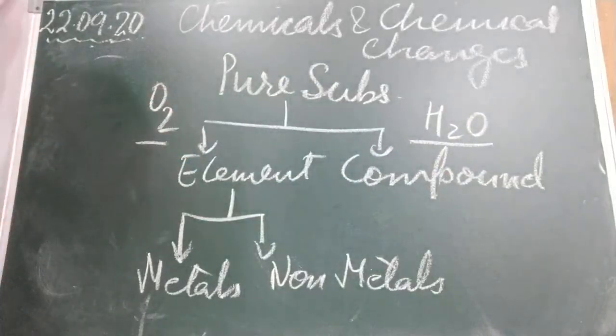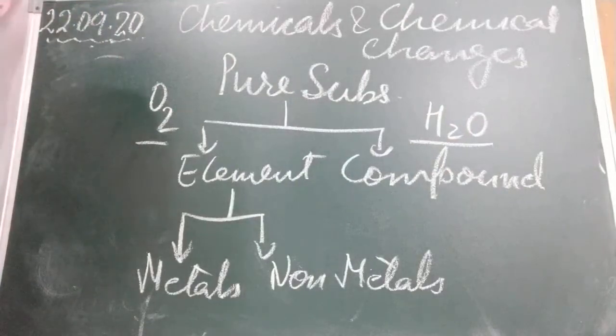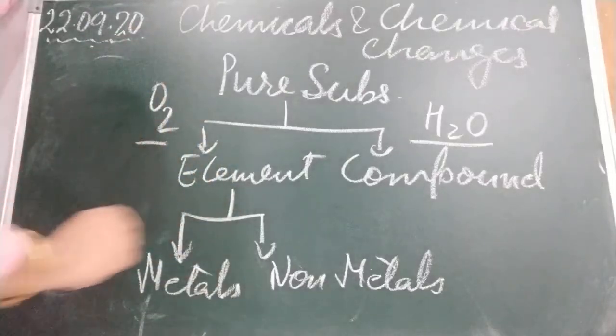First, elements. An element is a substance that is made up of only one kind of atoms and cannot be broken down into simpler substances by chemical means. Examples: silver, gold, aluminium, hydrogen, oxygen, that's all. And now come to the compound.